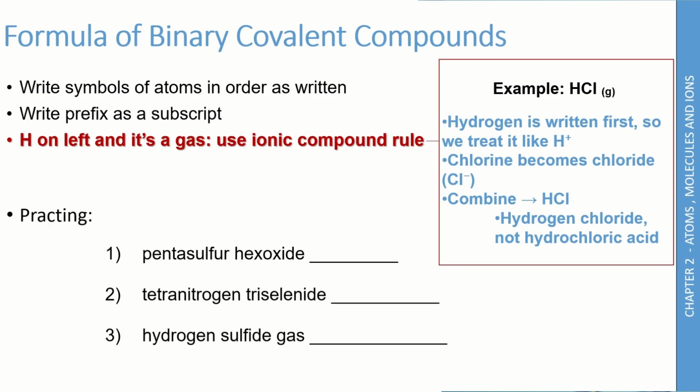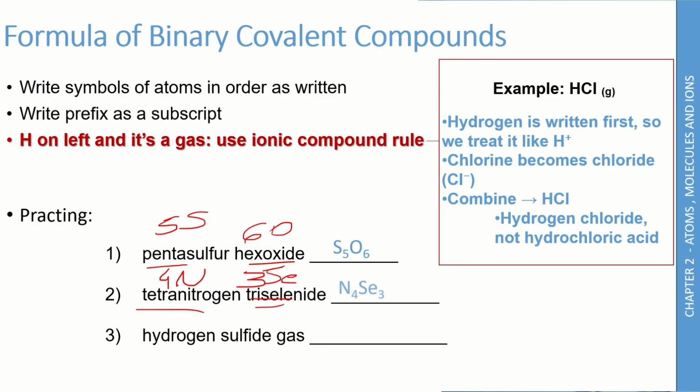And let's try one more. Let's put the formula over here. Draw the formula. So pentasulfur hexoxide. So I have 5 sulfur and I have 6 oxygen. So how am I going to write it down? S5O6. Same thing here. So I have 4 nitrogen and I have 3 seleniums.